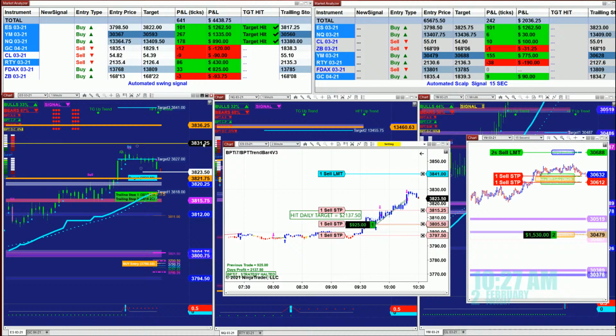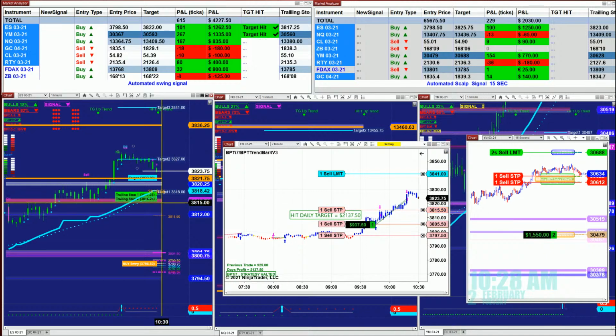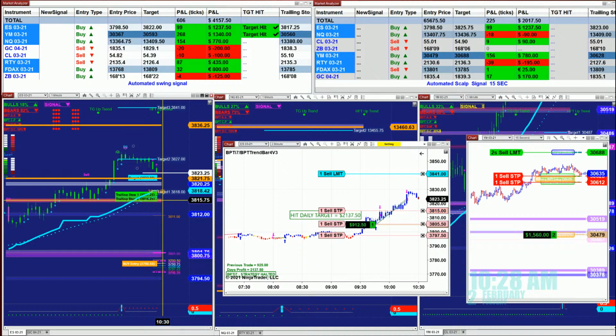And I'm curious if we are going to hit target 3, which is supposed to be in the afternoon, or we're gonna go below 38.15. For a guy who has this privilege where you don't have to be behind a computer, if you see this ES go below 38.15, turn off your computer and do something else with your life for the rest of the day.